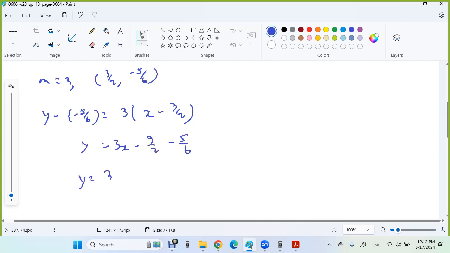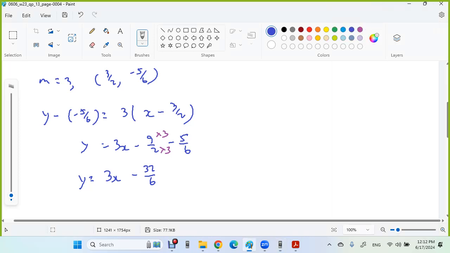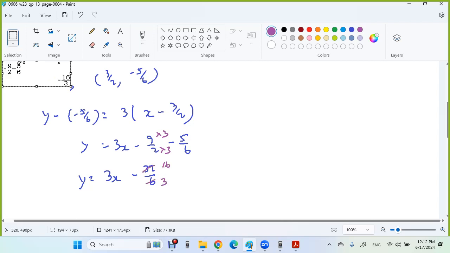So y is 3x, and negative 9 over 2 minus 5 over 6, multiplying by 3, 27 plus 5 is 32, minus 32 over 6. So it's negative 16 over 3. Okay, so y equals 3x minus 16 over 3.